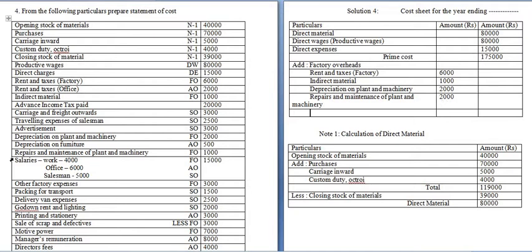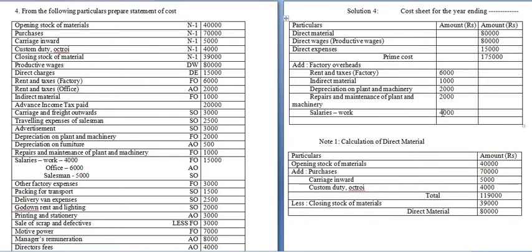Next, salary. Salary for work, it is 4,000. So take only 4,000 here. Okay. Now next, other factory expenses. Amount is 3,000.